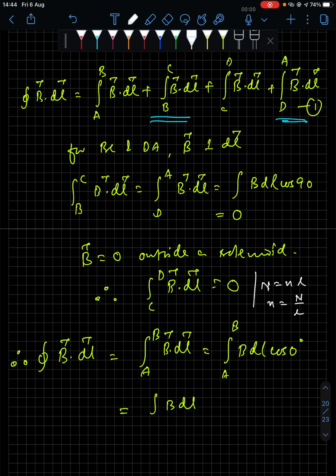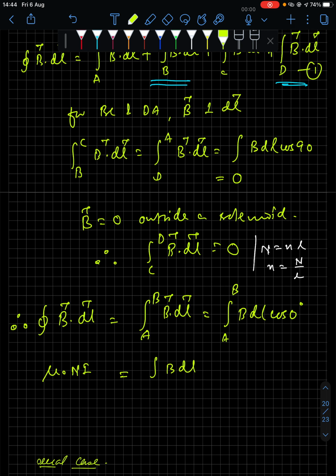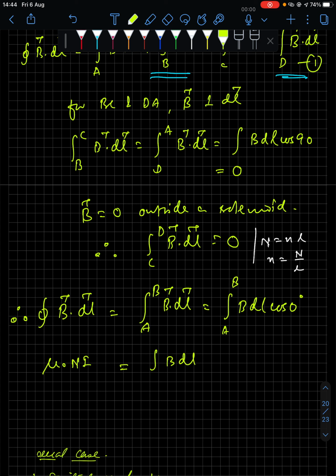So we'll be using here mu naught nI equals integral B dl, and mu naught nLI, because the value of capital N is nL, equals integral B, where B is constant magnetic field.